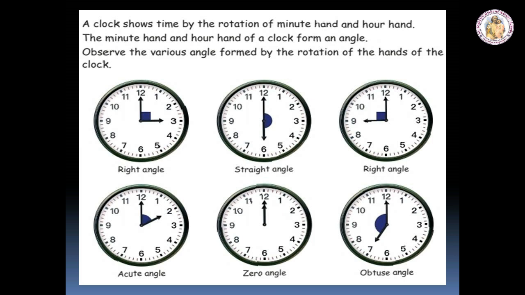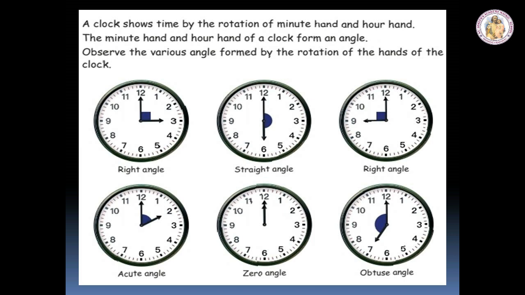The second one shows 180 degrees. That is called a straight angle. The angle itself is given there. The third one is again 9 o'clock, that shows a right angle.